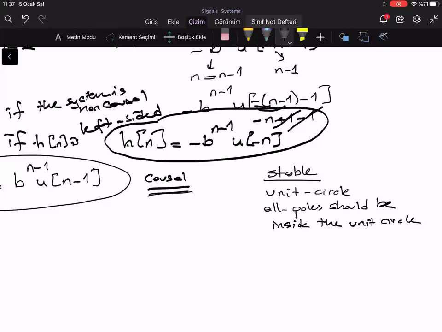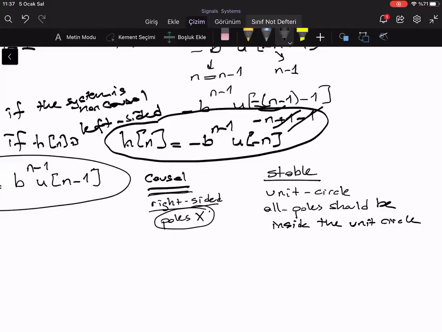rule for causality arkadaşlar? The sequence should be right-sided. Okay, like the system is right-sided. There is no term about poles here. Okay, there is nothing about poles here.